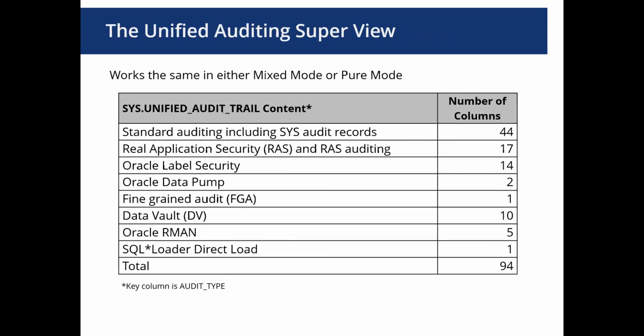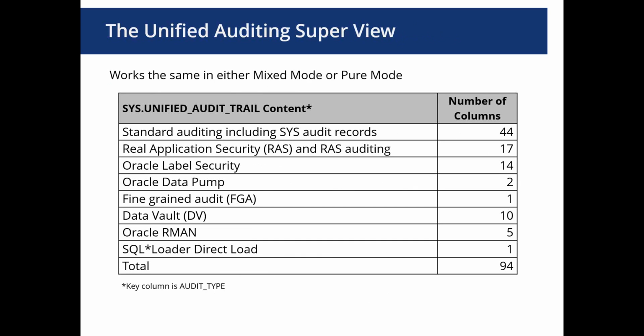Last but not least, unified auditing could be defined as a super view. There's actually a view, unified audit trail, that has 94 columns, and what this is doing underneath, so to speak, is blending all of the disparate audit sources into a single source.